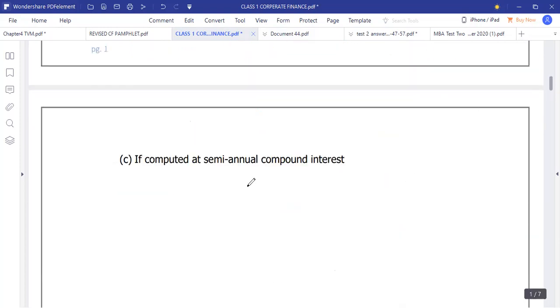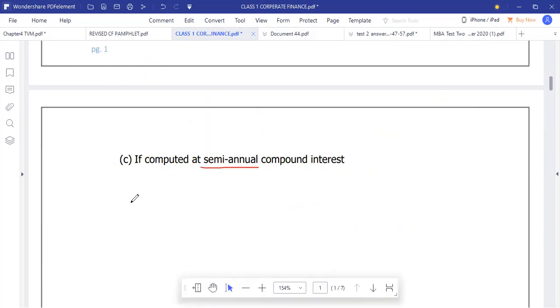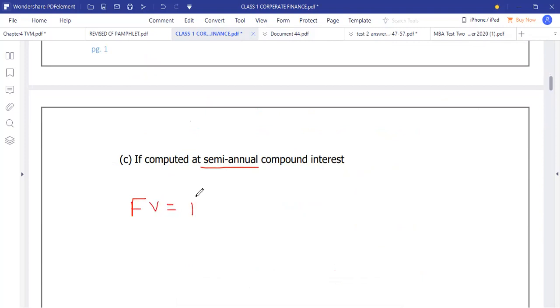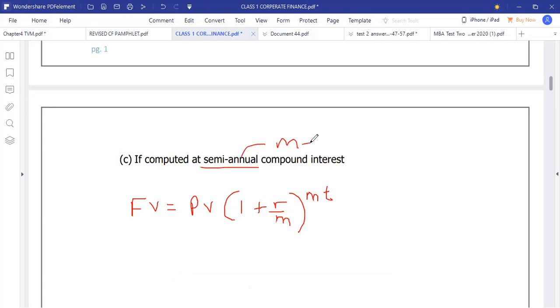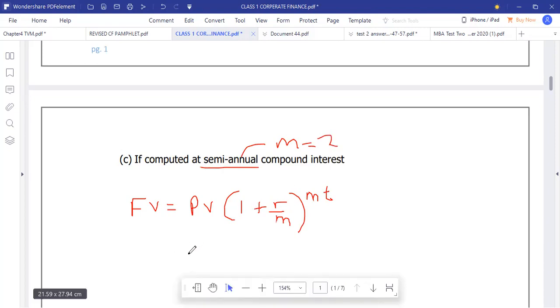All right, suppose it's semi-annual. What formula are we going to use? Future value is equal to present value times 1 plus R over M, to the power MT, right? So semi-annual means our M is equal to what? 2, correct.